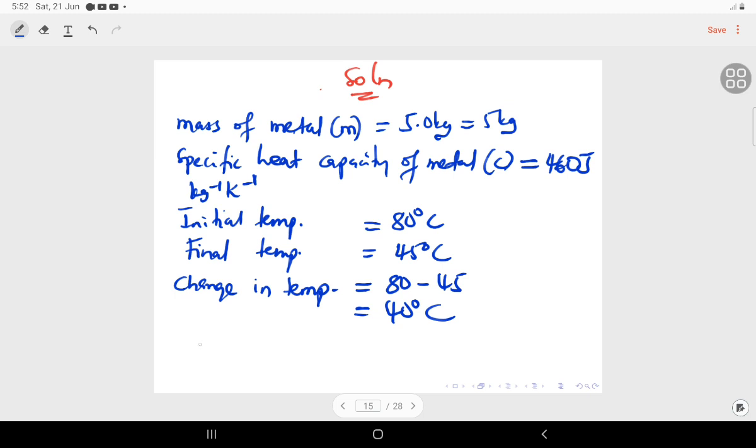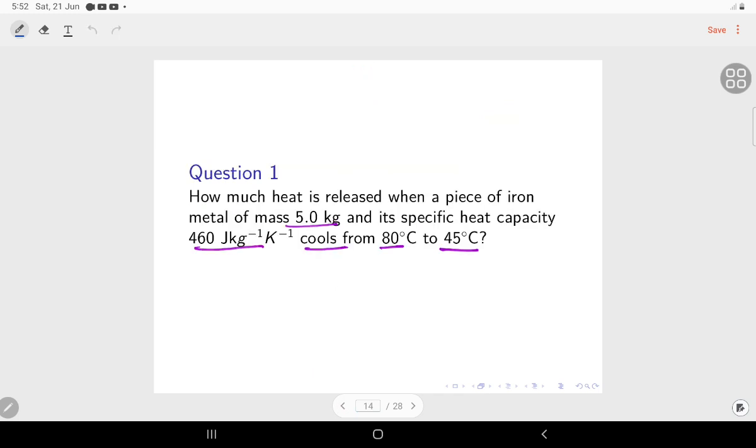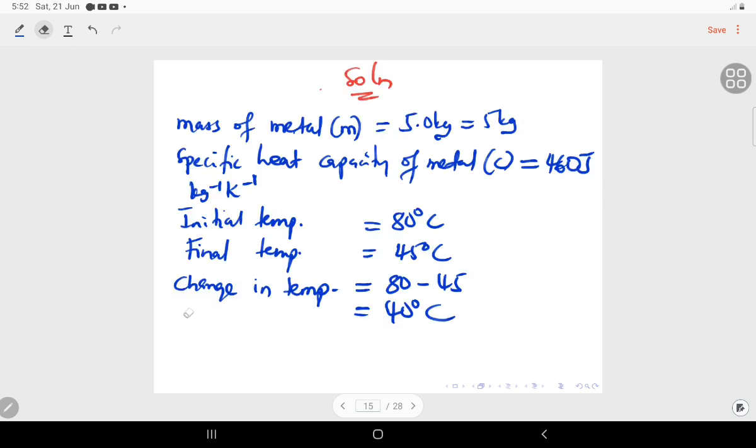Change in temperature is always the bigger value minus the smaller value. Now, how do we find the quantity of heat? Was the quantity of heat given? That is what we are looking for. We are looking for the amount, how much, so the amount of heat or quantity of heat. That is our Q. Great.